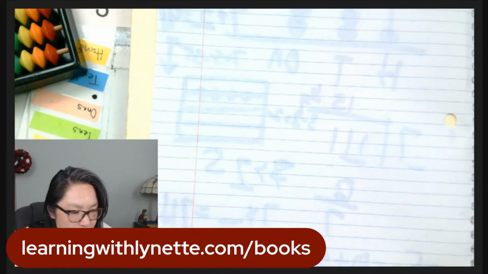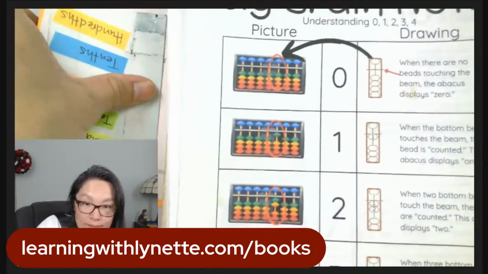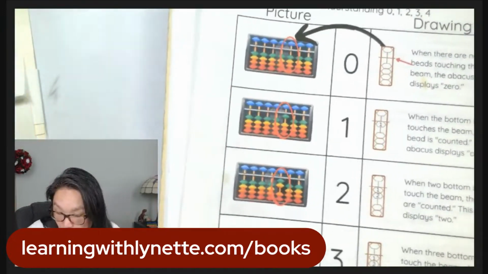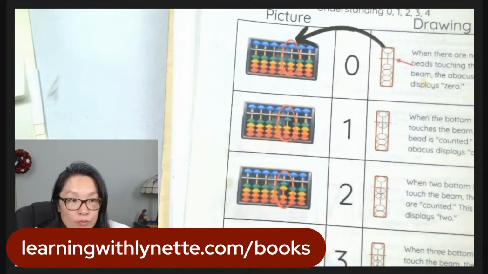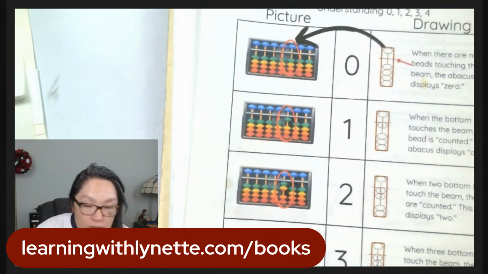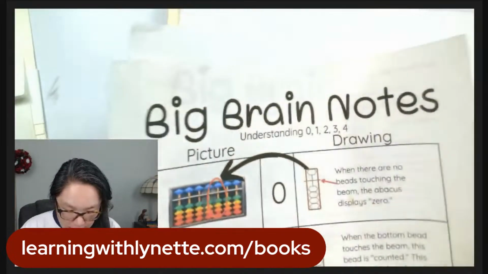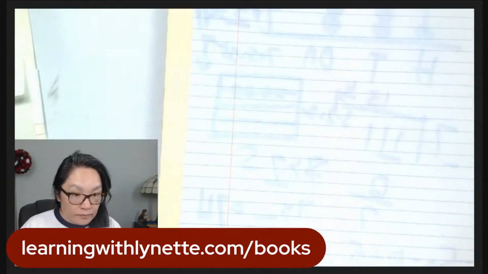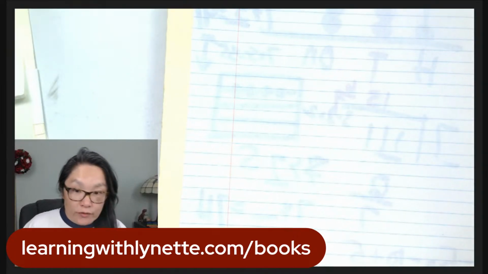Do you have any other specific questions about the abacus, or do you want me to just continue on adding and subtracting? We could do any question really. It's a small group. Tracy, do you have any specific questions? Any of the worksheets that I have? Was there any specific worksheets that you were looking for?